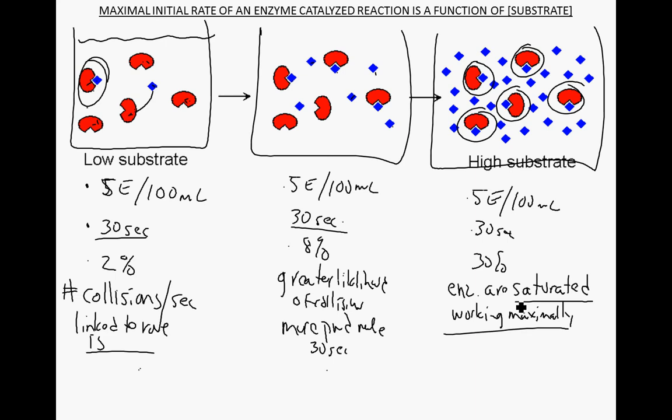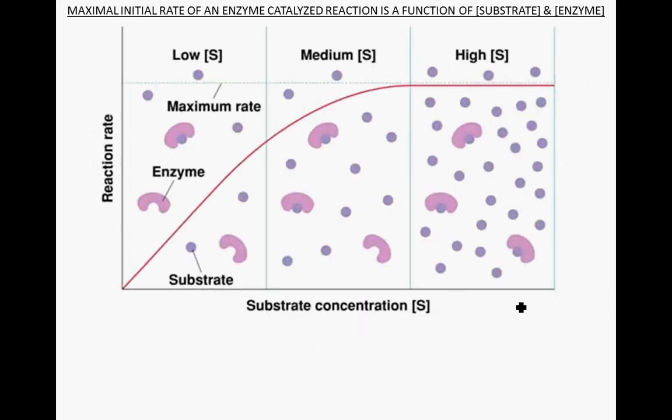So if you followed all that, we're ready to move on to looking at what this looks like graphically, right? So here's our reaction rate, or this would just be number of products made per unit time, right? Substrate concentration here. At a low substrate concentration, the rate is relatively low.